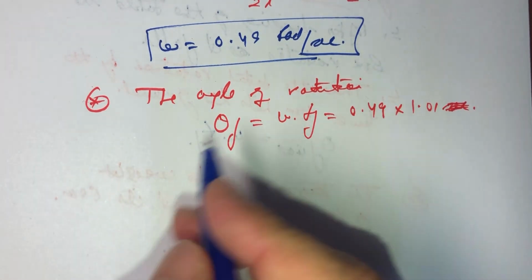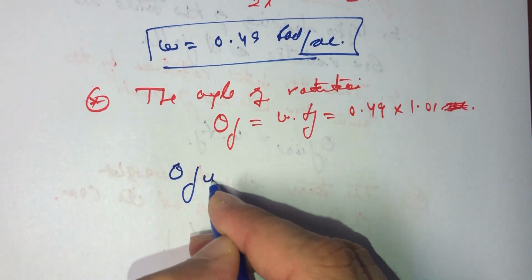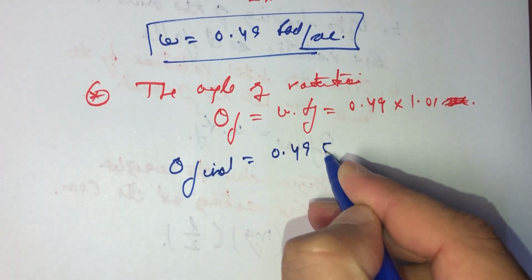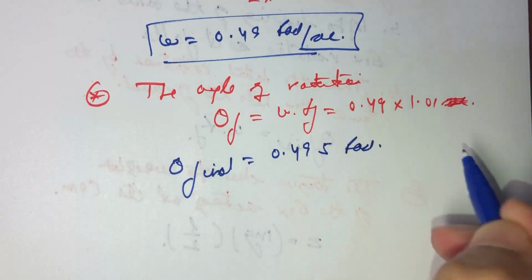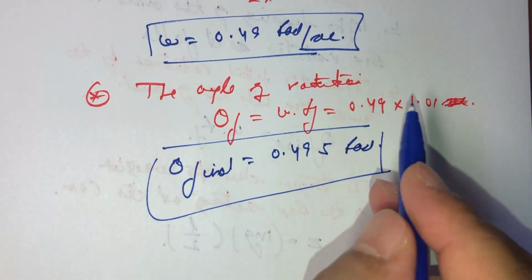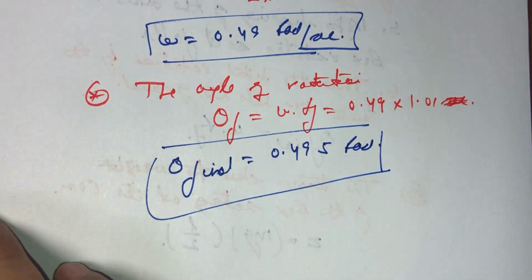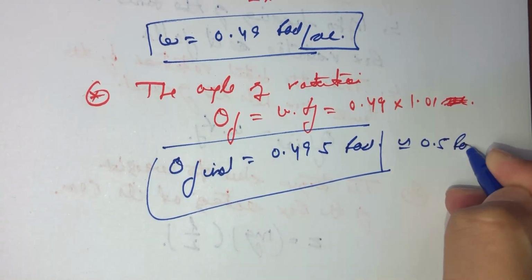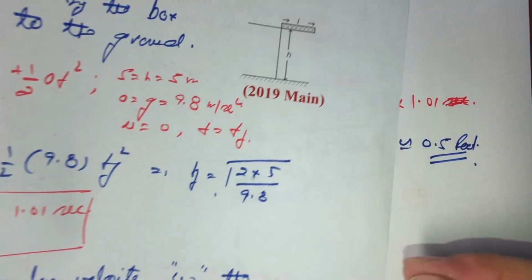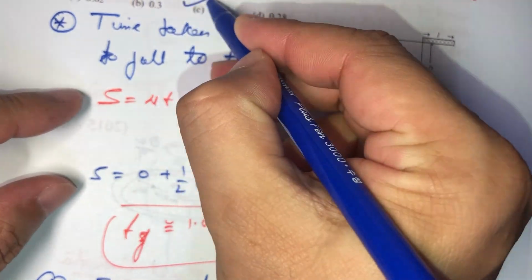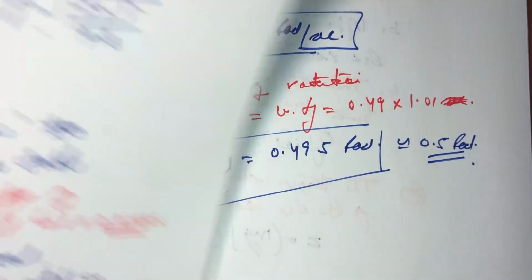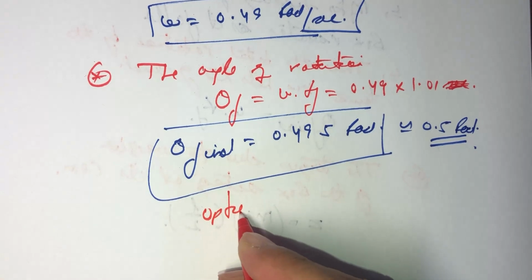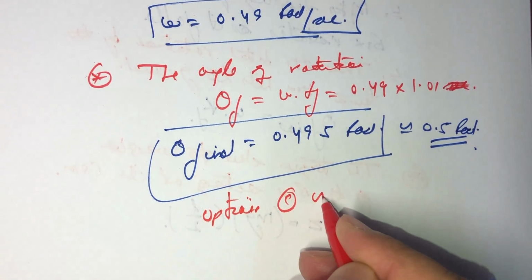So we can say that this theta final is equal to 0.495 radians, and this can be approximately equal to 0.5 radians because the answer option is 0.5. You can say option number C is the correct option. Option C is correct.